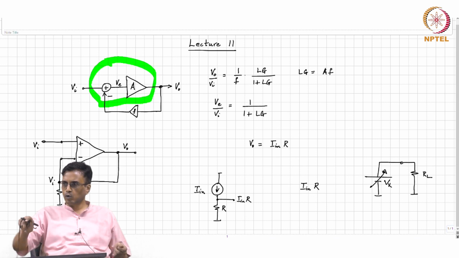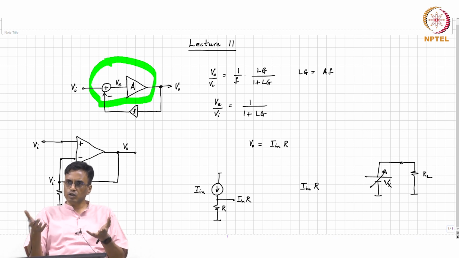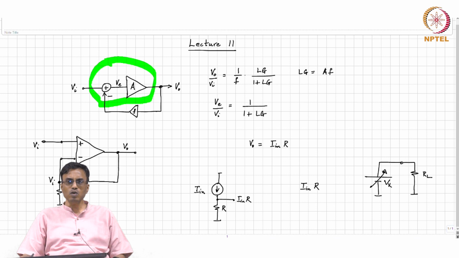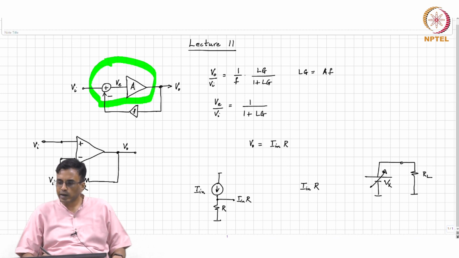So, you have a variable voltage source with a knob, you have seen that in the lab, right. Okay. Now, I am telling you, make that voltage source equal to I in times R. So, what will I do?